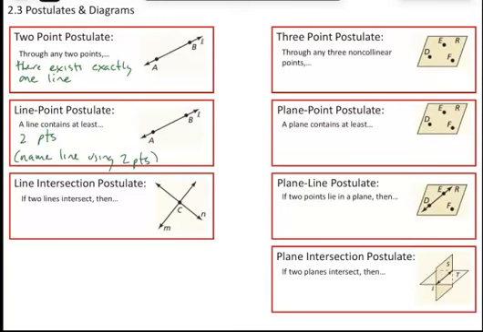If you have intersecting lines, if 2 lines intersect, then their intersection is exactly 1 point. Lines can't curve back around and cross each other a second time. So if 2 straight lines intersect, their intersection is going to be exactly 1 point.